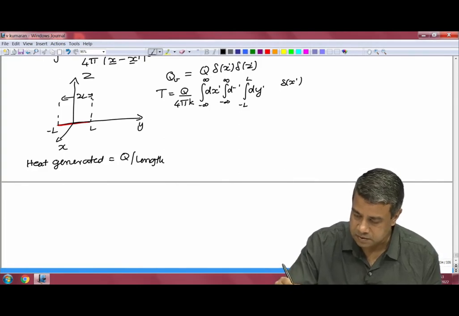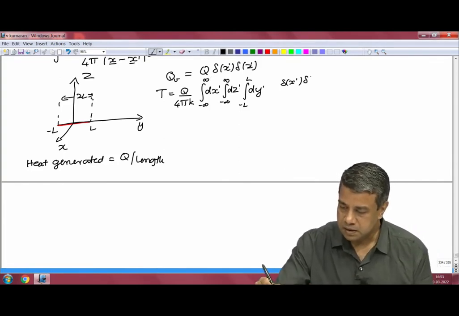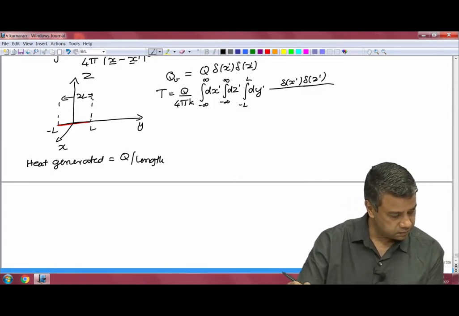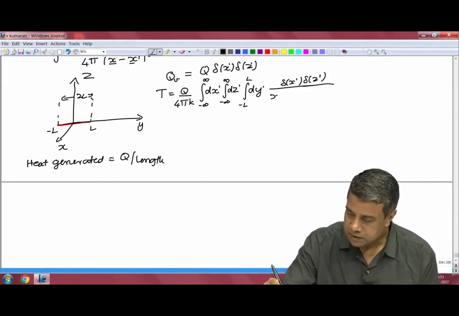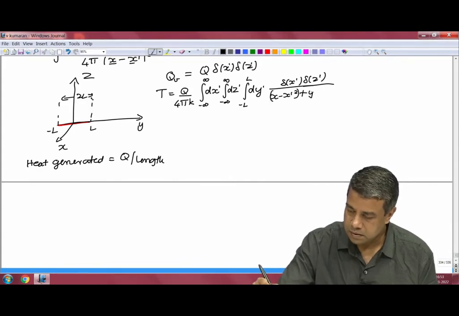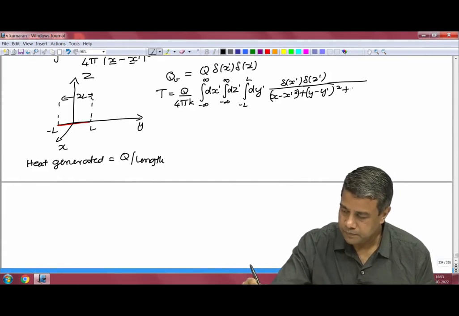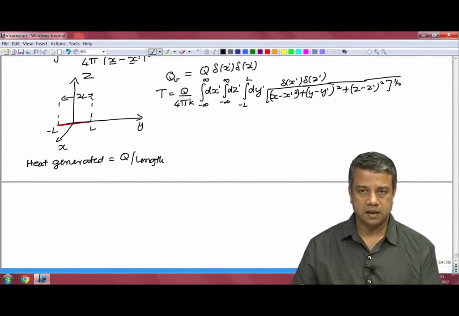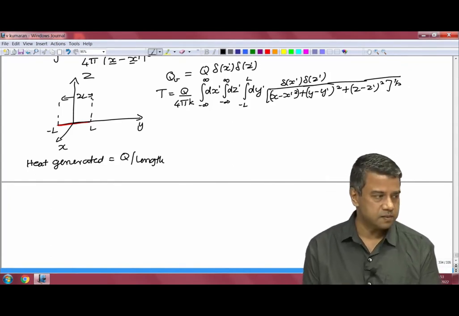So, it is with respect to z prime and x prime, delta of z prime by x minus x prime square plus, whole to the half, written in terms of components.